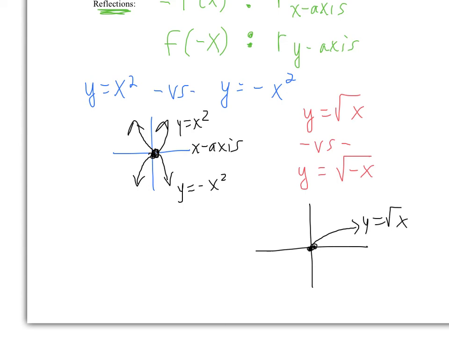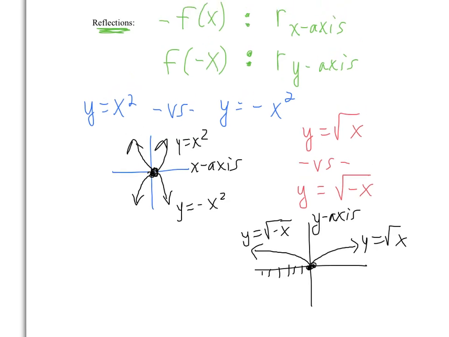Now if you were to negate it, what you would see is that it looks like this. So you have negative x values here, but when you put them into your function, there's a negative in front of the x, so that's making them positive. Notice this is a reflection over the y-axis.